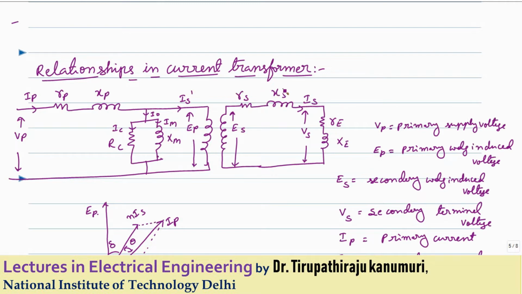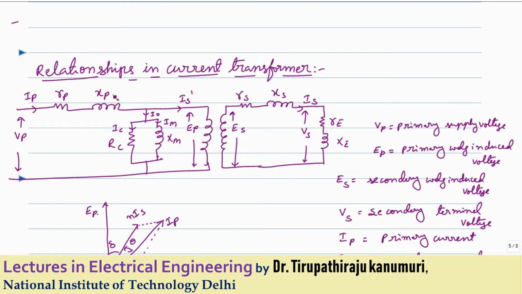and Xs indicate the secondary side impedance of your current transformer, because the secondary winding will have the resistance as well as the leakage reactance. Some leakage flux will always be there. This is Rs plus jXs, and similarly the primary side resistance and leakage reactance I am representing by Rp and Xp. In practice, the leakage reactance is always maintained as minimum as possible.